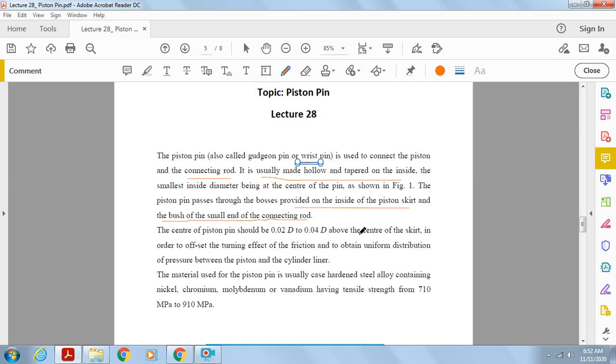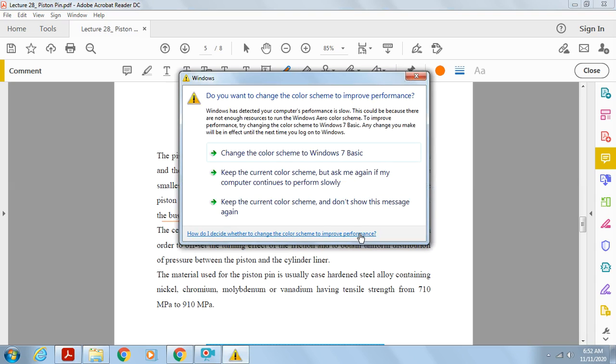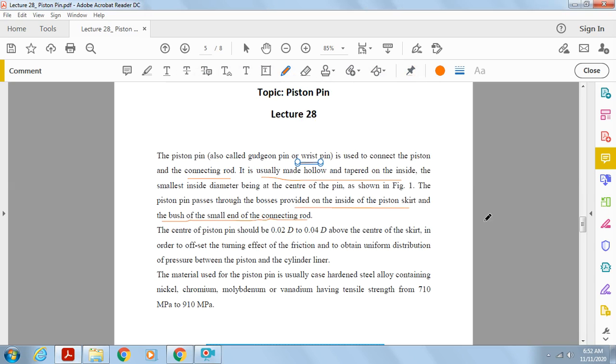One side of the piston pin connects with the piston skirt, and the other side enters through the bush of the small end of the connecting rod.